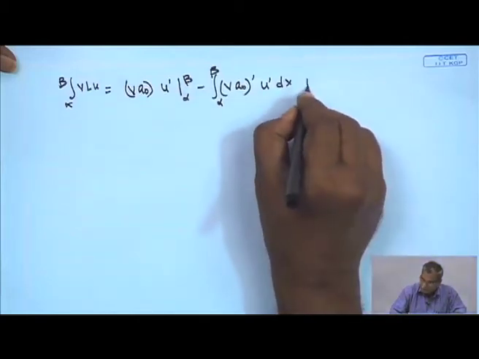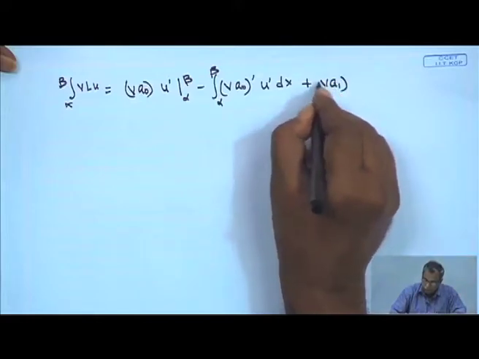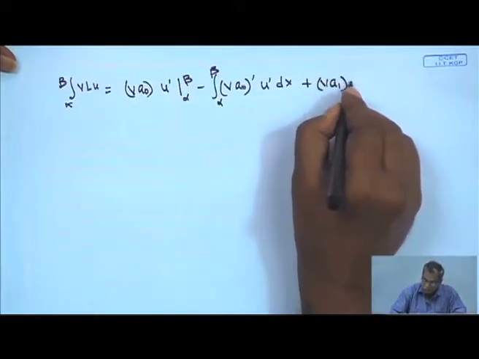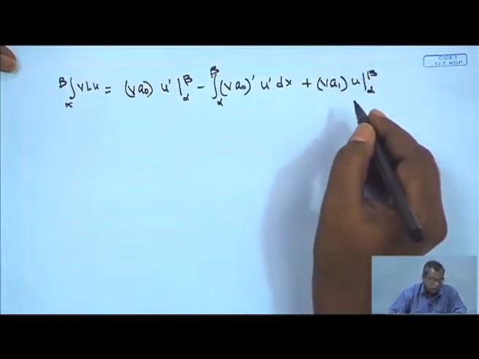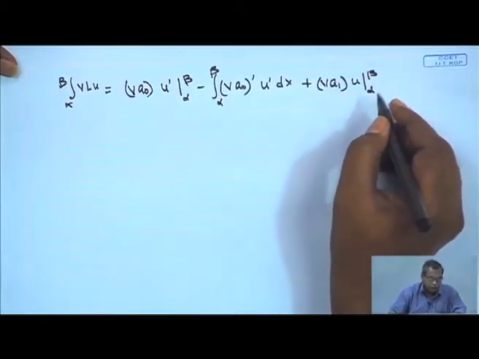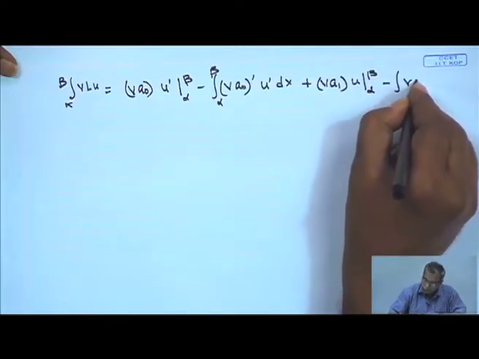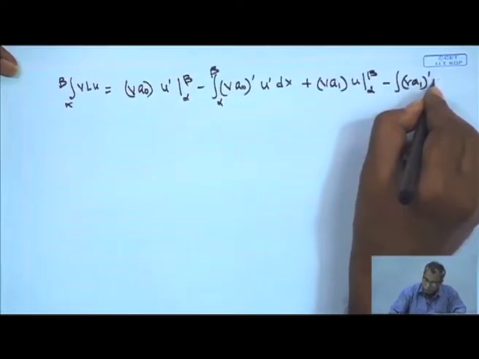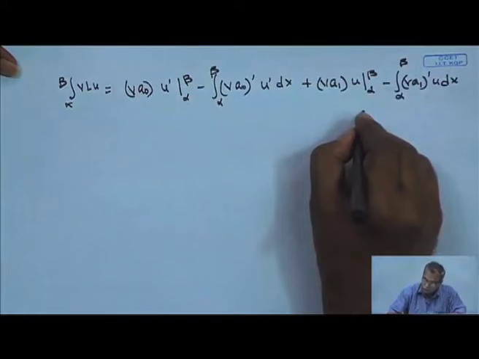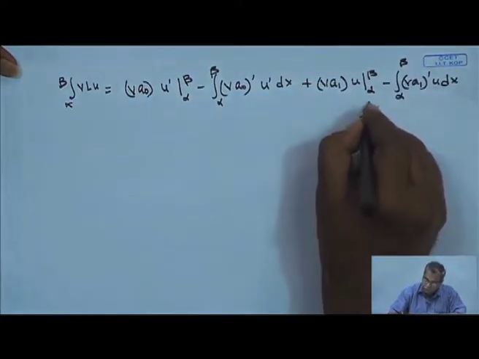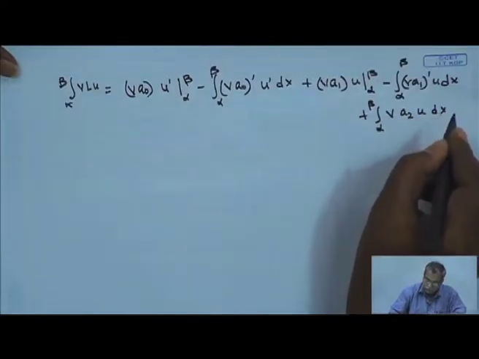In the second integral, again we take first function v a1, integral of the second one u, from alpha to beta, minus the integral of the differential of the first function, (v a1) prime, times the integral of the second function, and the third integral remains as it is, the integral from alpha to beta of v a2 u dx.